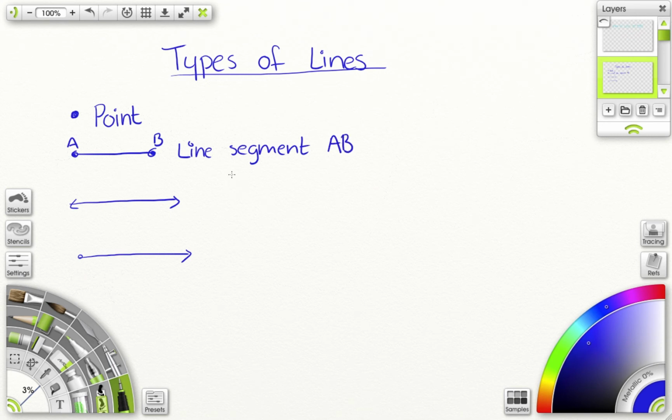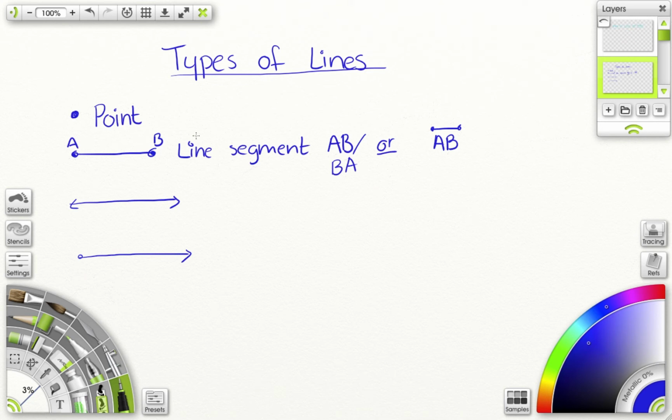I can either write it out as line segment AB, or another way I can write it out is with this type of notation. So if I'm given this line on a worksheet and it has two points and a line in between, I will call it line segment AB, or alternatively I can call it BA, because it actually doesn't matter which order you put those points in.